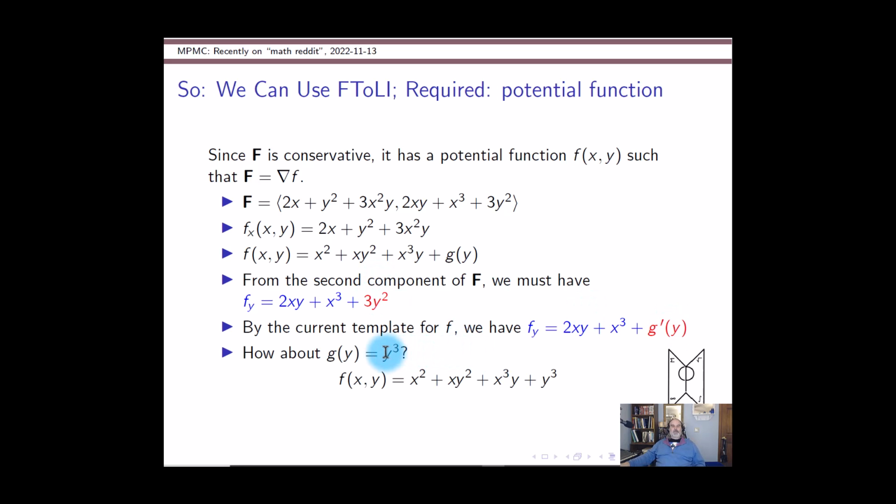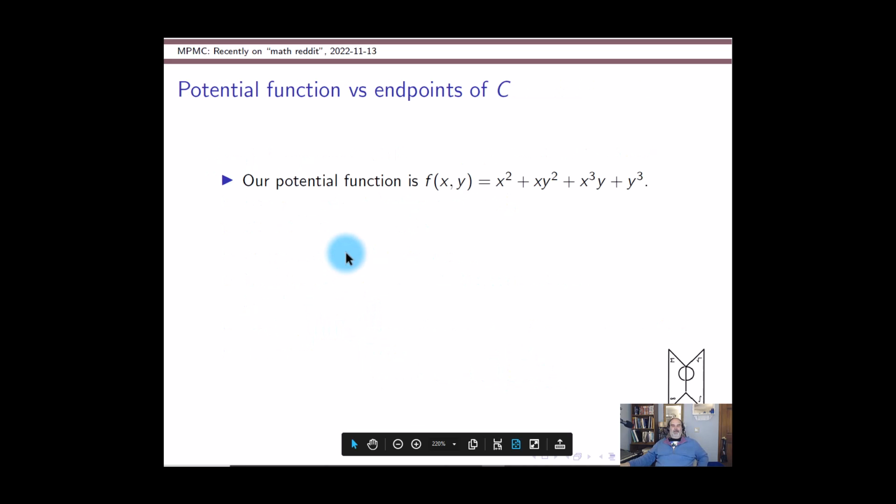Okay, so that's what the mystery function is. We could throw on an extra constant, just like in Calc 1, but we will assume it's 0, because we'd get the same answer even if we put in like 75 for that constant. So, potential function for this vector field, x squared plus xy squared plus x cubed y plus y cubed.